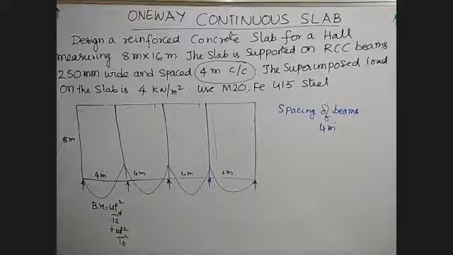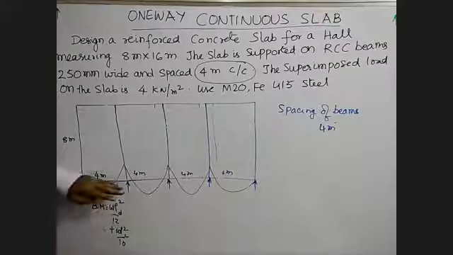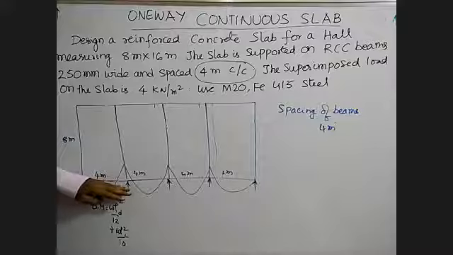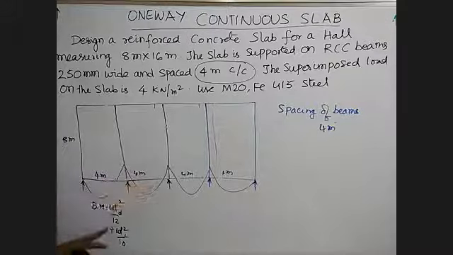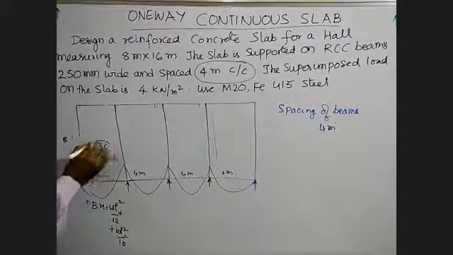So in the previous problem, we added both dead load and live load, but here it is taken separately. For a single span it is WL square by 8, but here you have continuous spans, WL square by 12 plus WL square by 10. This is there in our code book, page number 36.